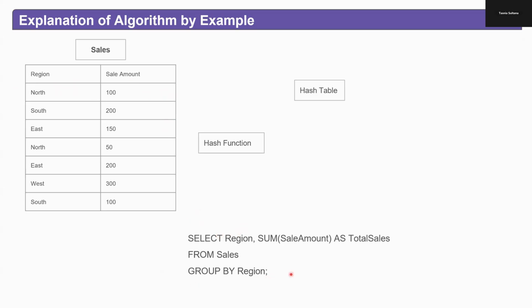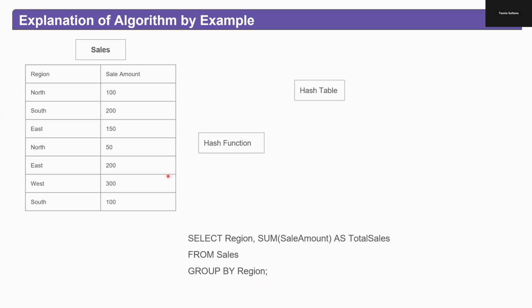We write this query. The query selects the region column to group the data by each region. It calculates the sum of the sale amount for each group using the sum function and aliases the result as total sales. The data is pulled from the sales table and the group by region clause ensures that the sum is computed for each region separately.